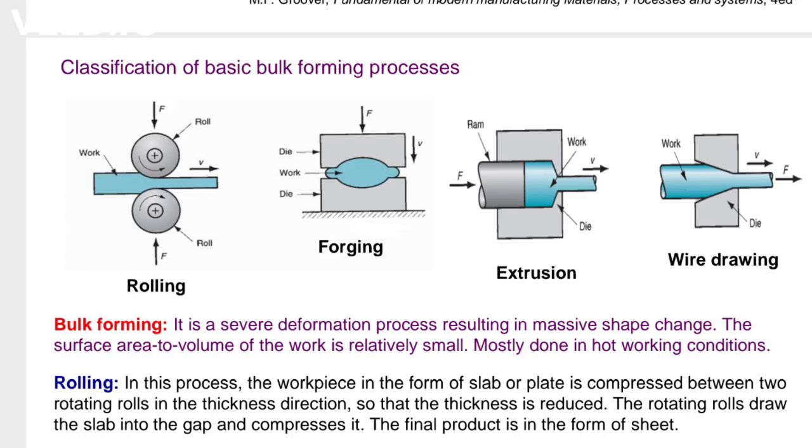The workpiece is produced. Then we can see wire drawing, in which the work is given and two dies of this shape are used, as shown in the diagram, with velocity V and force F.